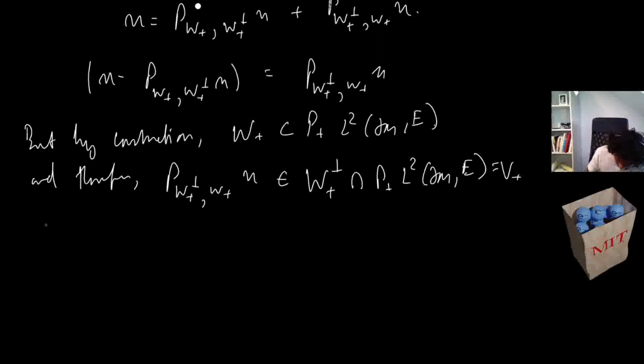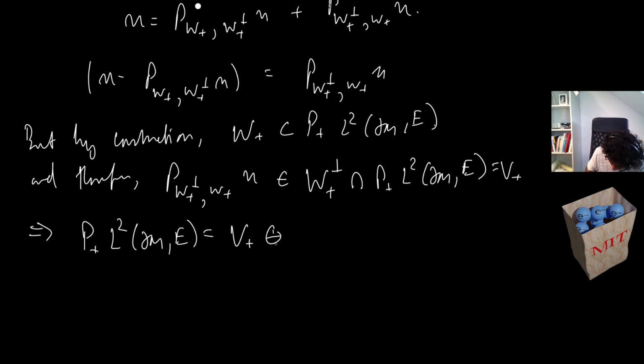Okay, so that gives us that P plus of L2 ∂ME is equal to V plus plus W plus.